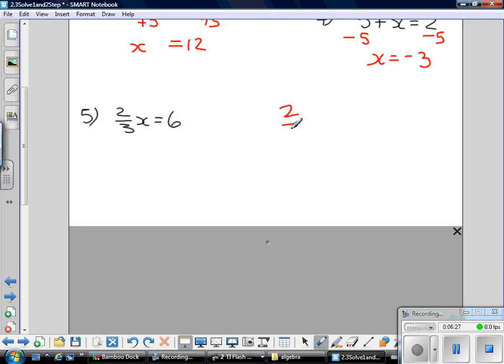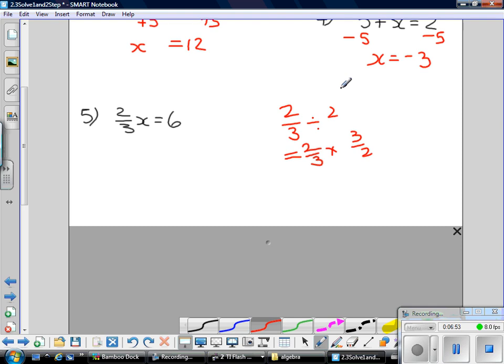So I have 2/3 right now, and I want to divide by 2/3. This is why we did that numeracy stuff before. Notice I'm doing it over here. Dividing by a fraction means I multiply by the reciprocal. So I end up with 3 over 2, and I don't know why I have a 5 here. That should have been a 3.